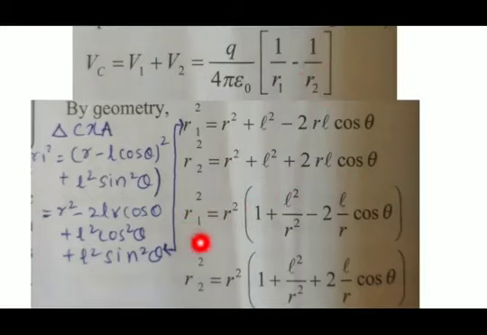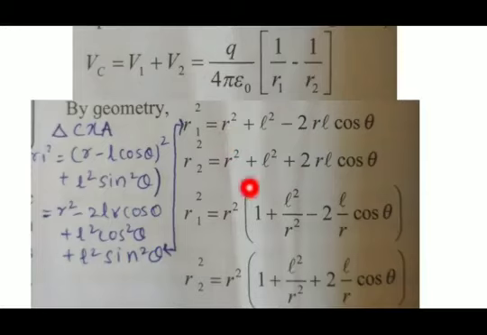Now observe this equation. What we are going to do here is take r square as common. If we take r square as common, what will remain in the bracket?